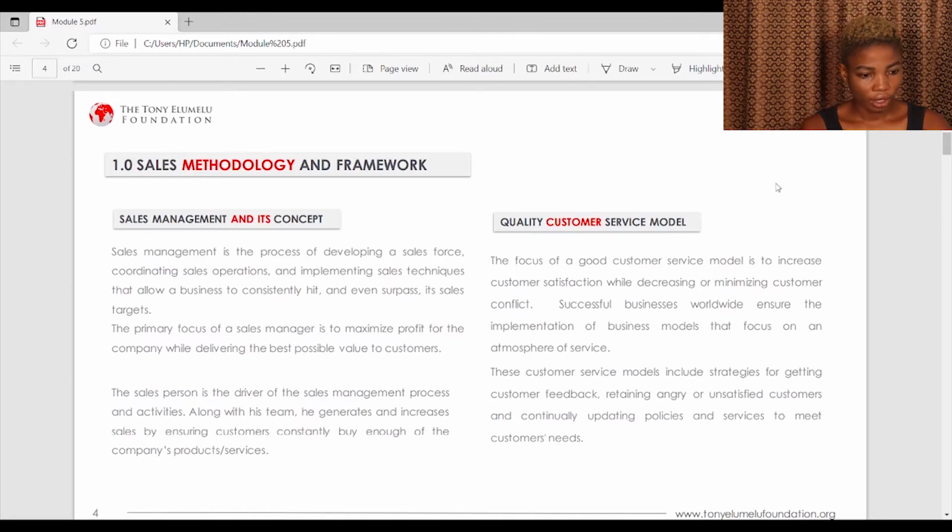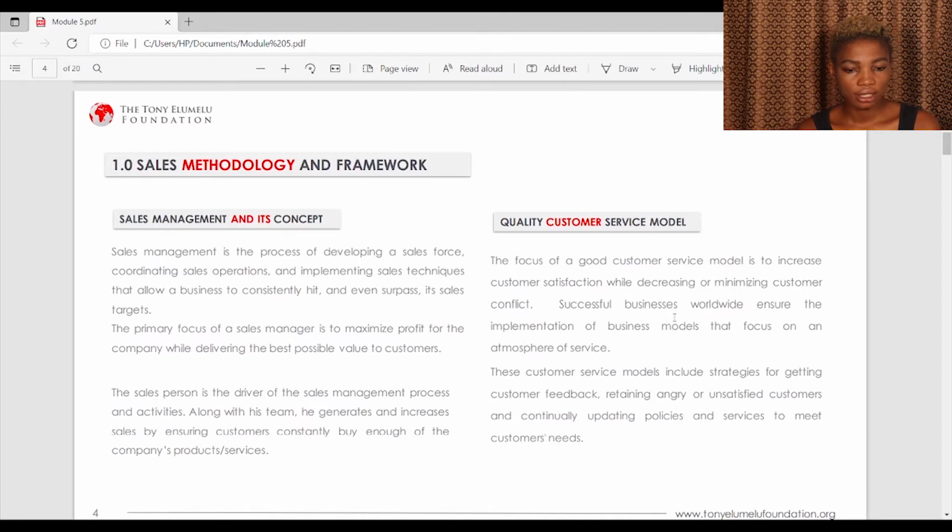The salesperson is the driver of the sales management process and activities. Along with his team, he generates and increases sales by ensuring customers constantly buy enough of the company's products and services. Quality customer service model. The focus of a good customer service model is to increase customer satisfaction while minimizing customer conflict.